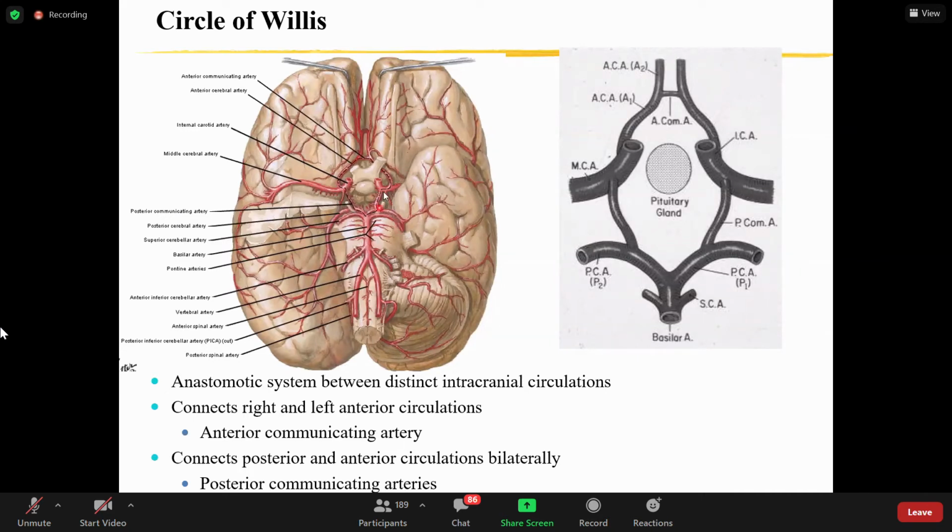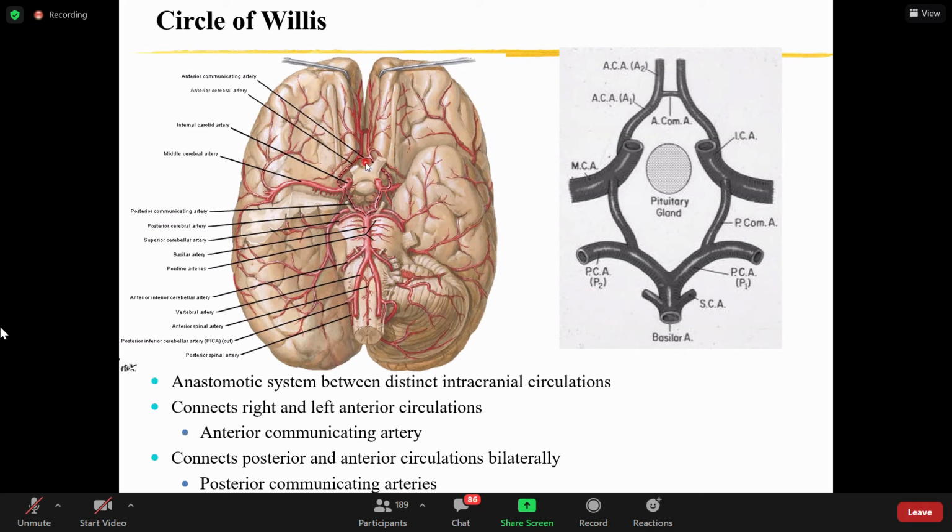Now, connecting the anterior to posterior will be through the posterior communicating artery, which is a branch of internal carotid. It's going to communicate with the posterior cerebral arteries. This is the anterior-posterior connection. While the right and left, it is through the anterior communicating artery, connecting the right and left.